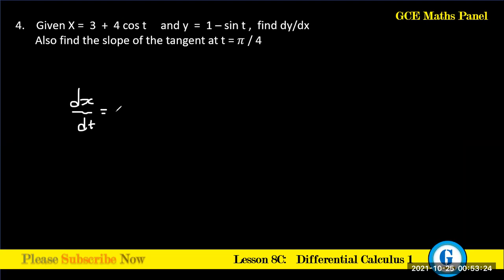So here the dx/dt will be equal to minus 4 sin t, and dy/dt will be equal to minus cos t.